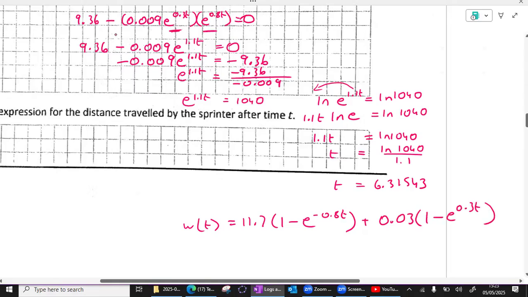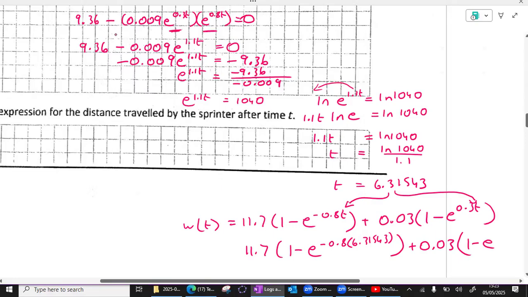So what I'm going to do now to get my final answer is everywhere there is a t, we fill this in. So 11.7, 1 minus e to the power of minus 0.8, and then I'm multiplying that by 6.31543. So just leave in a few decimal places so that we don't round too soon.